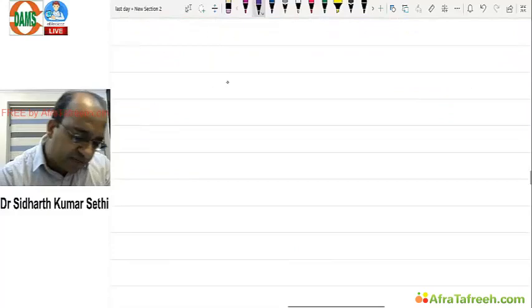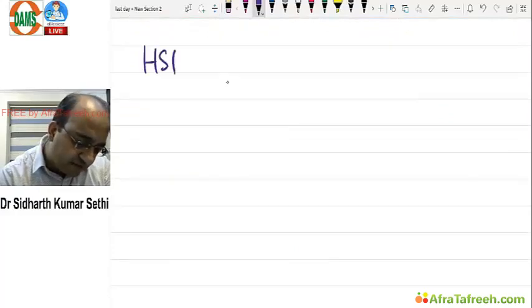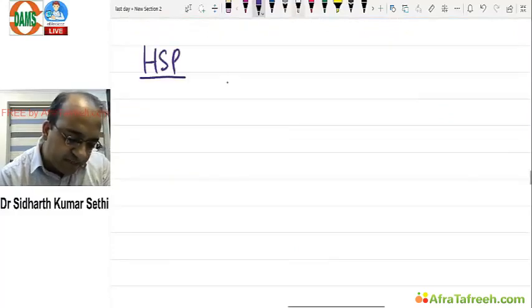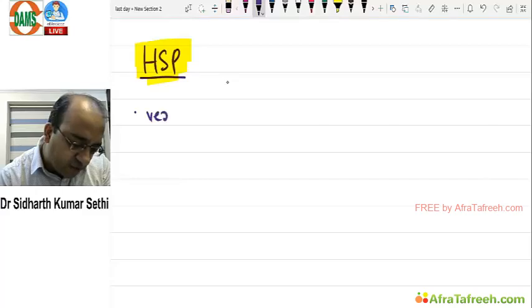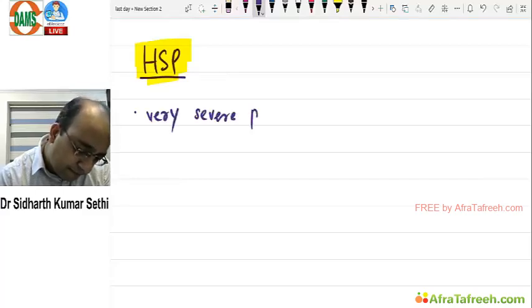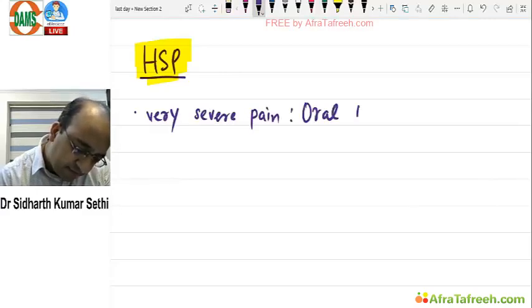So the treatment of HSP nephritis, let's talk about treatment of HSP overall. If he has very severe pain abdomen, we may give oral prednisolone.